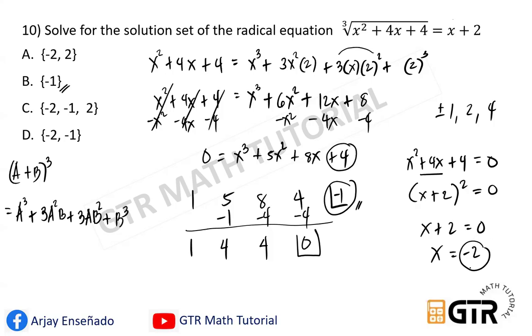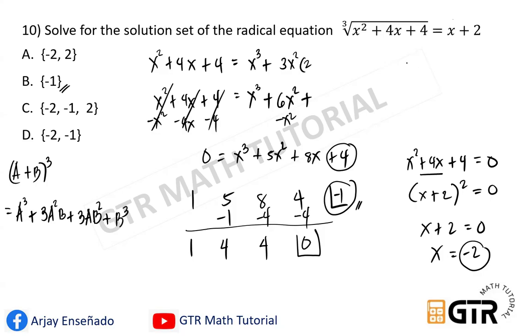So we have two values of x, negative 1 and negative 2, but we need to verify if they satisfy the original equation. So let's substitute negative 1 first. We have the cube root of negative 1 squared plus 4 times negative 1 plus 4 equals negative 1 plus 2.